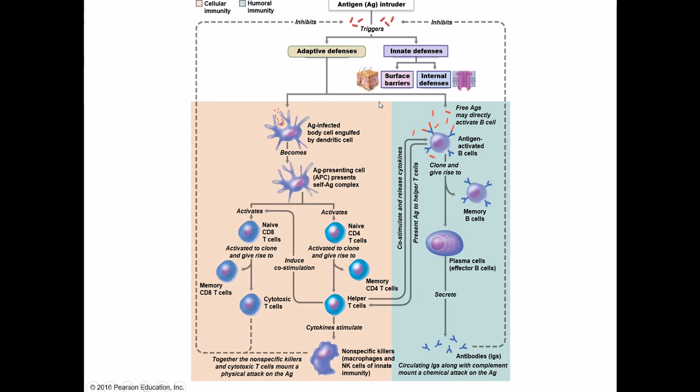If we look at the humoral immunity here, we get the antigen that gets activated by the B cells. B cells activate and become plasma cells that will secrete antibodies, which will inhibit this antigen. Some of them will become memory cells for a secondary response. And then if we look at the cellular immunity, here we have an antigen-presenting cell that's been infected, so it will display that antigen to both the CD8 T cells and the CD4 T cells.